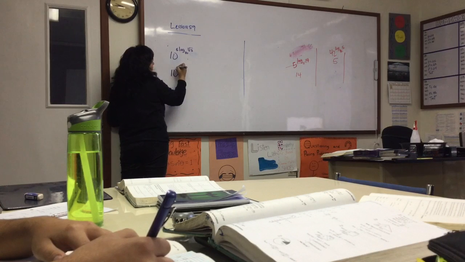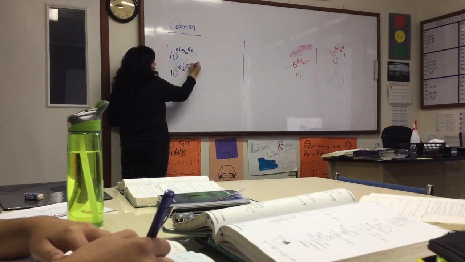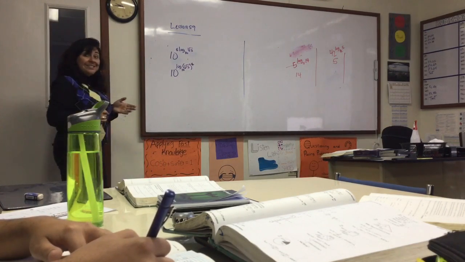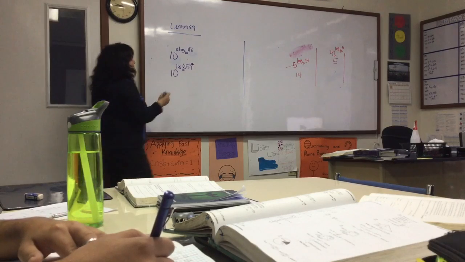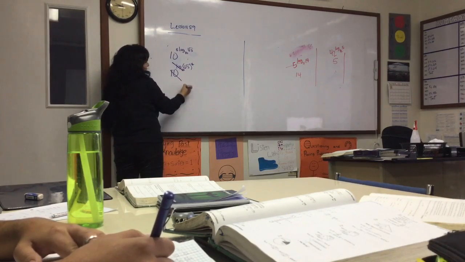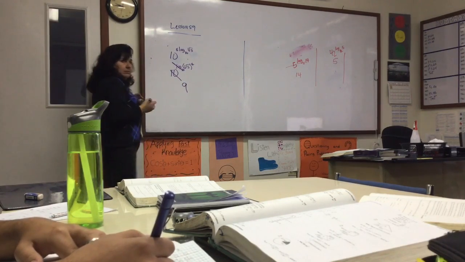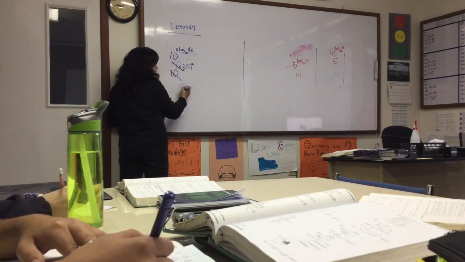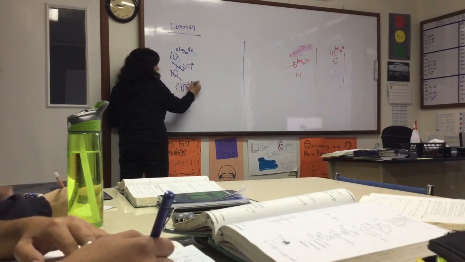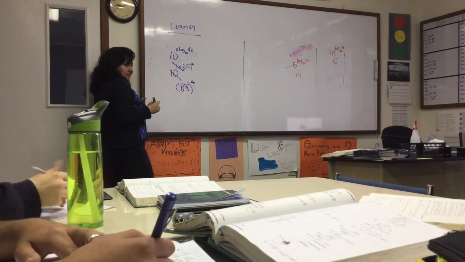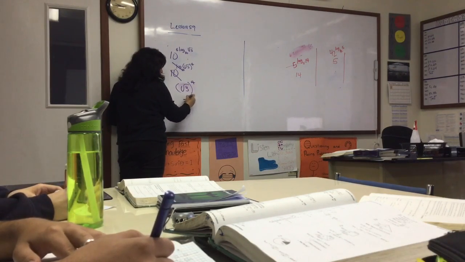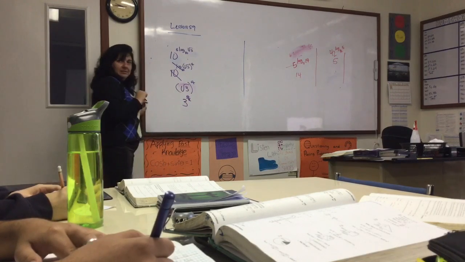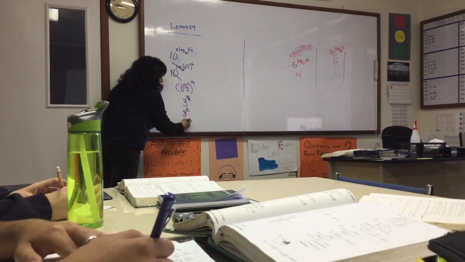And I still have the 10, but I'm going to have logarithm base 10 of square root of 3 to the 4, which we know is 9. So this one could go away, and I've got 9. Square root of 3 to the 4 is 3 to the 4 over 2, because 3 squared is 9.